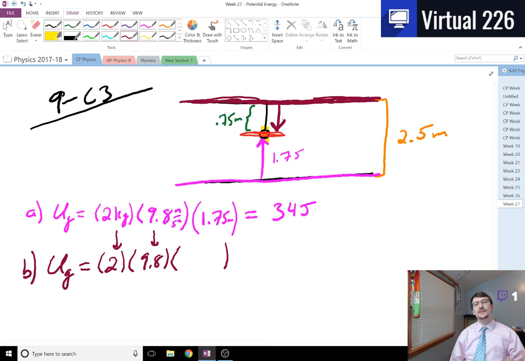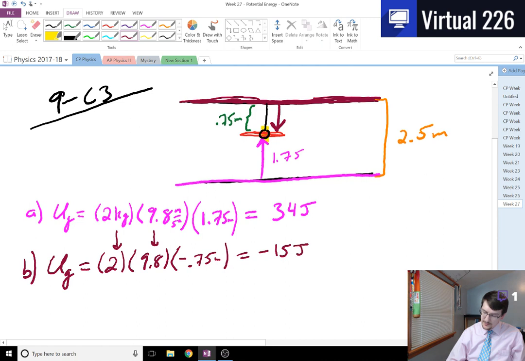So we don't even have that energy yet. We're not even up at that point. We're beneath it. We're in a deficit, so to speak. So this is going to be 0.75 but it's going to be a negative 0.75 meters. When we multiply all of that together, we get a number of approximately negative 15 joules. Remember, joules being our unit of energy.